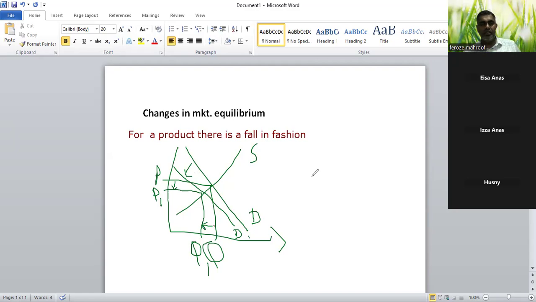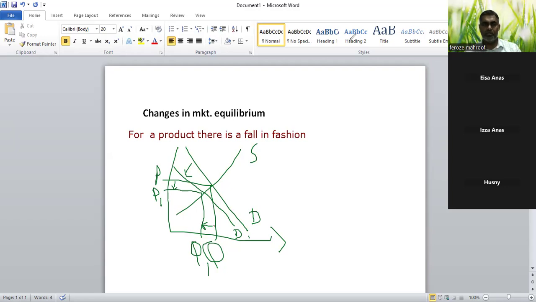Understood? Changes in market equilibrium, it's not a hard thing. One sentence for the full concept: market equilibrium changes because of the change in demand, because of the change in supply, or because of the change in both. After that, in every case you just draw and see.